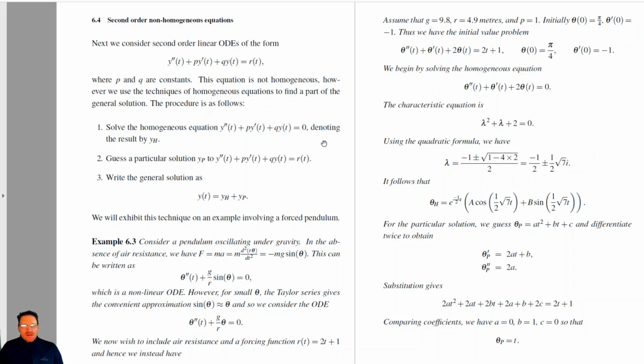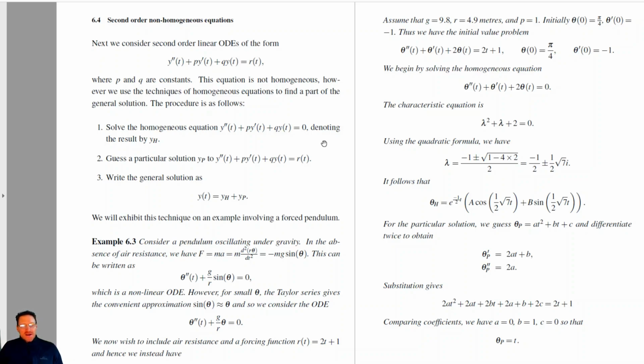So this is equal to minus mass times gravity sine of the angle theta. Dividing the equation throughout by m and by r, we can write that as theta double dash plus g over the radius r sine theta equals 0.